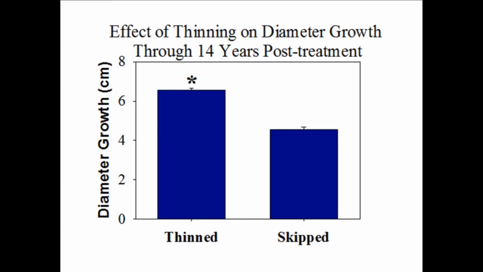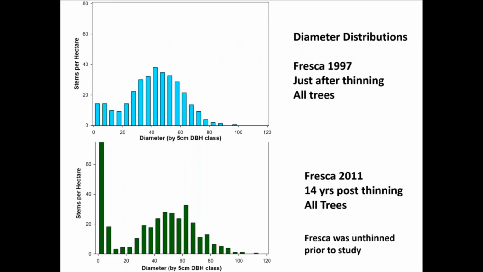And I'm sure some of you are saying, well, yeah, that's why you do thinning, to increase growth. But some people had said that it wasn't likely that we would see an increase in tree growth in some of these older stands. Some of the stands were 50, 60, 70 years old. So we were able to document that there was an increase in growth in the thinned areas.